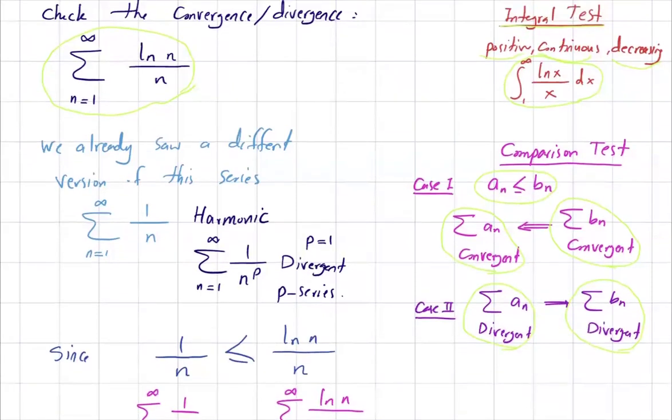When we look at this series here, ln of n divided by n, we remind ourselves of the harmonic series. The harmonic series, the summation of 1 divided by n, is a special case of a p series when p is equal to 1, and we know that this is a divergent series. By using the integral test, you can check this as well.